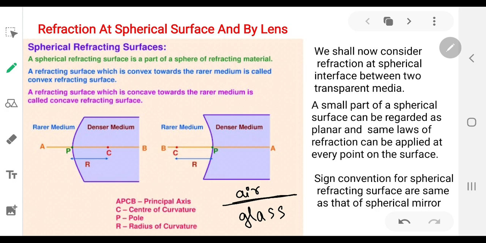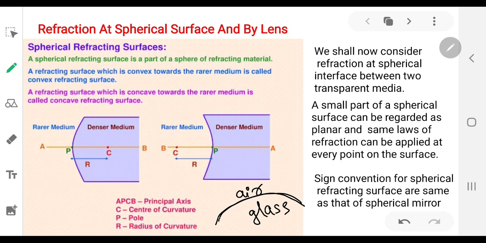Instead of that, if the interface separating the two media is curved, then you can call it refraction at spherical surface.